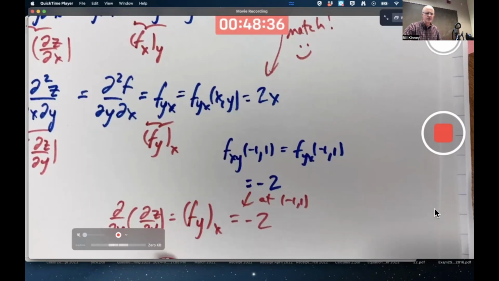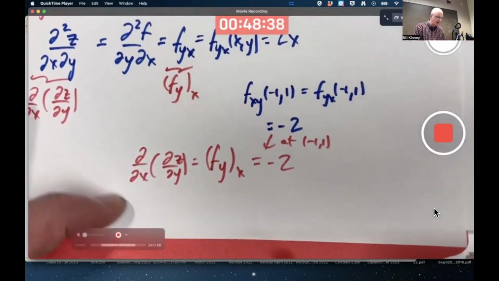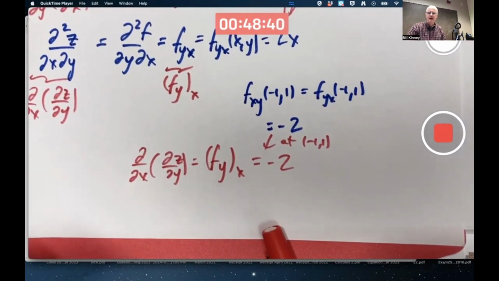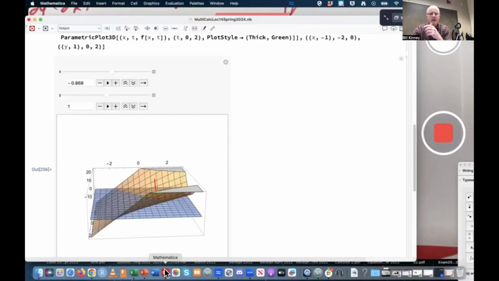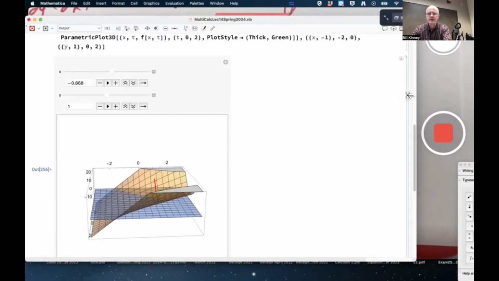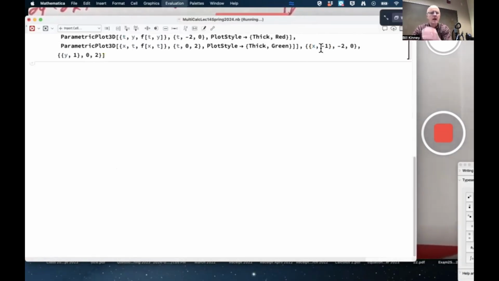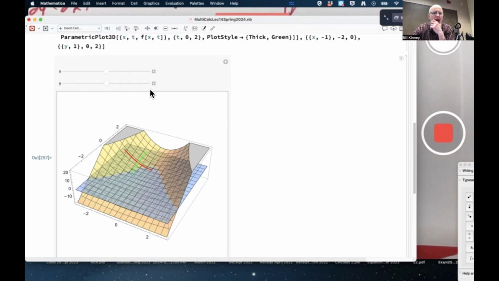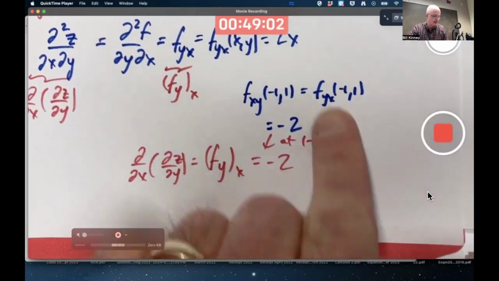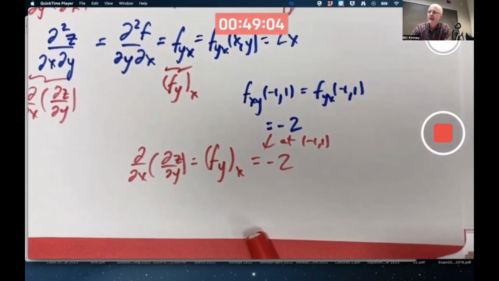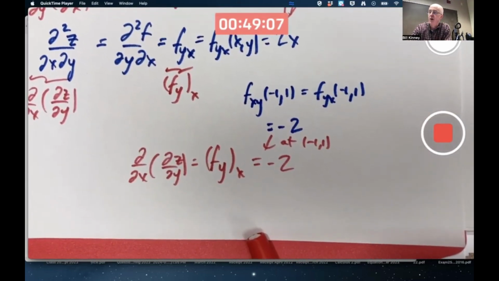The mixed second order partial is the same in the other direction as well. If I move the other slider, let's re-enter this. Letting Y increase, the red curve is going to change. Its slope in the X direction, Fx, was -8. If I increase Y, the second order partial here being -2 means it's going to decrease from -8 to something even more negative.